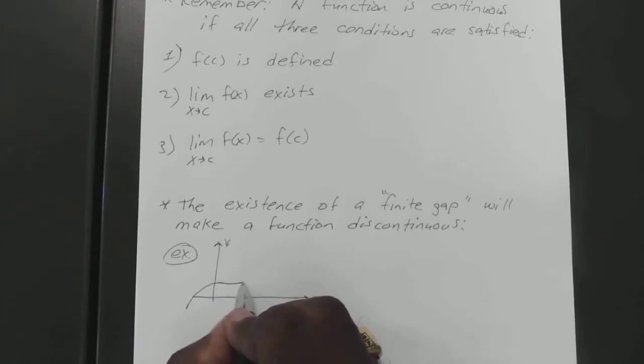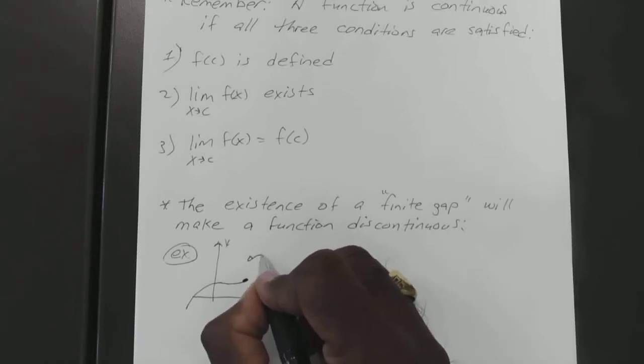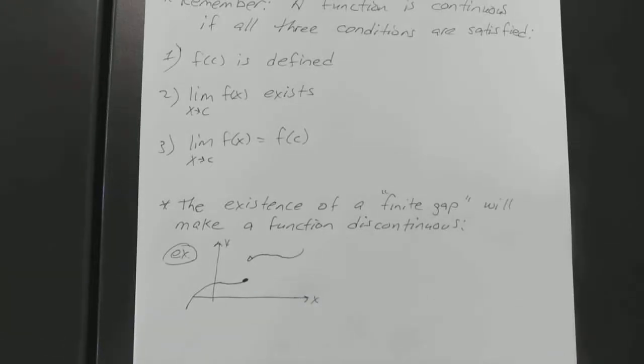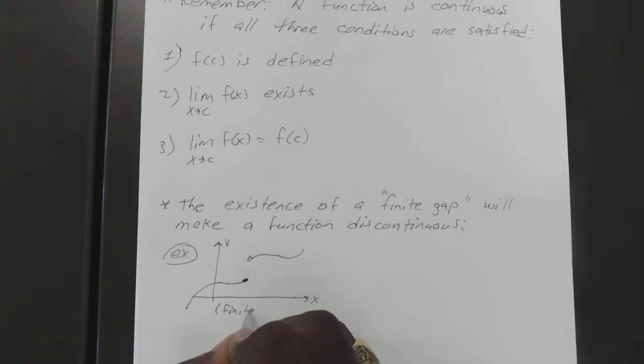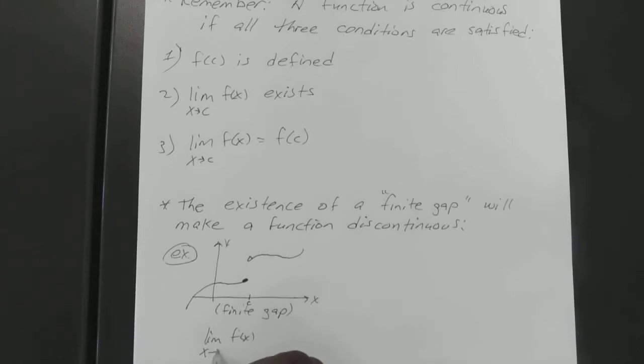You have some left side of the function looking like that, and some right side looking like that. That little finite gap is what causes it to be discontinuous. So we know that the limit of f of x as x approaches c from the left doesn't equal the limit of f of x as x approaches c from the right.